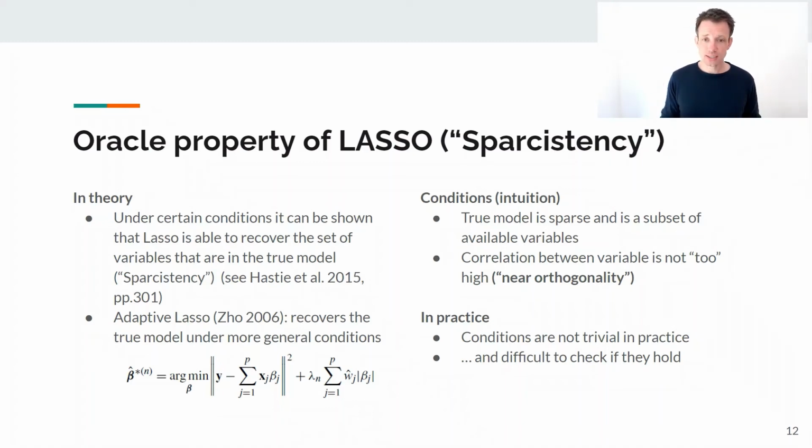It is unlikely that these theoretical conditions are met in practice. We cannot check them, and if these conditions are not met, then it's likely that we are not capturing the set of true variables and that we are suffering from omitted variable bias.